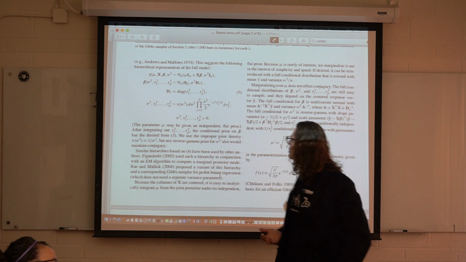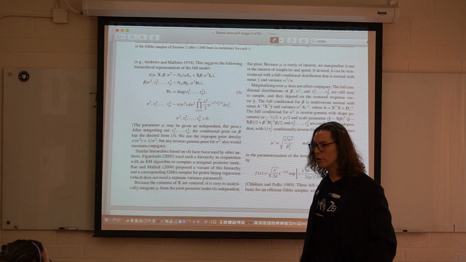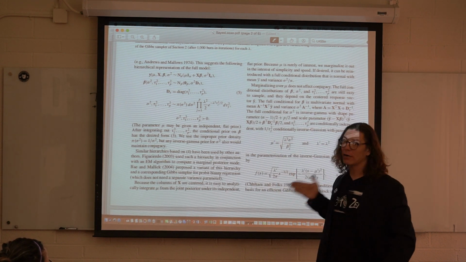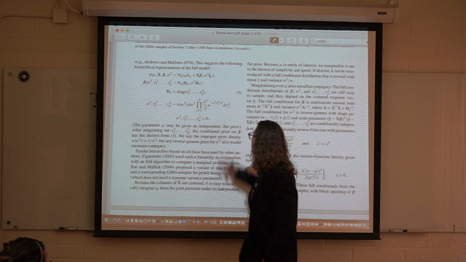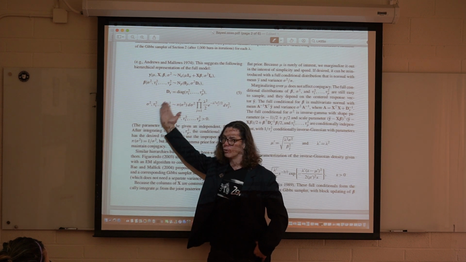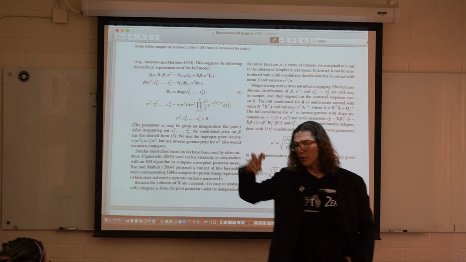So it's equivalent. It looks maybe more difficult to look at it hierarchically like this, but what this is really doing is telling you how you actually implement the Gibbs sampler. You're going to be posterior sampling the betas, conditional on all this stuff, and then you're going to be drawing from that exponential prior.